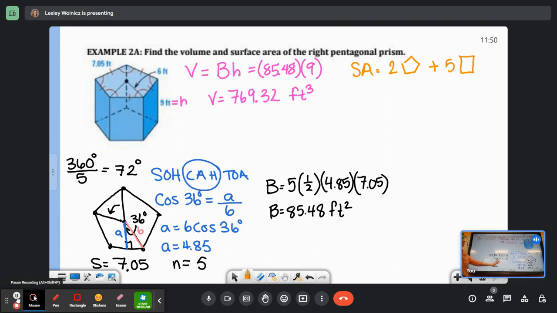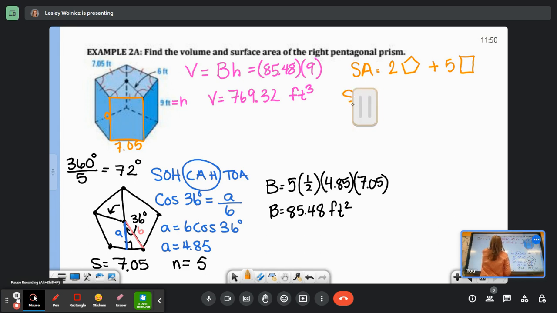Okay, we already have the pentagonal base, and it looks like these rectangles are 9 by 7.05. Everybody happy with that?